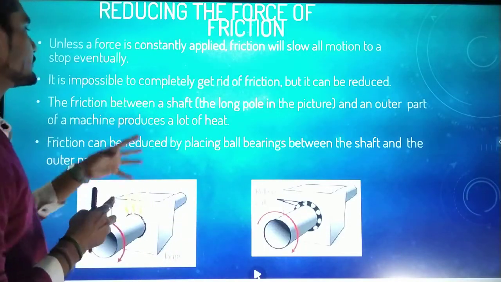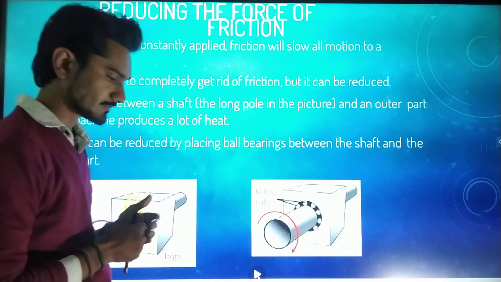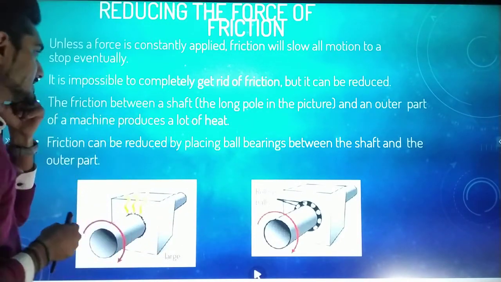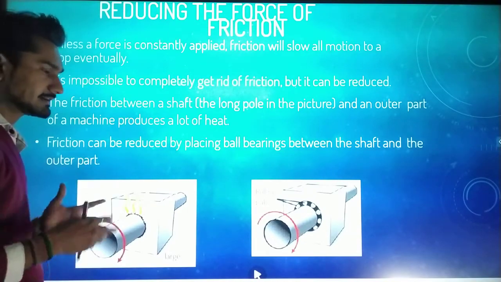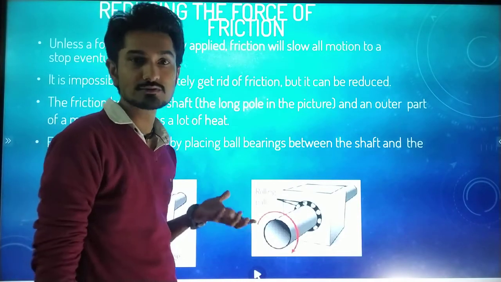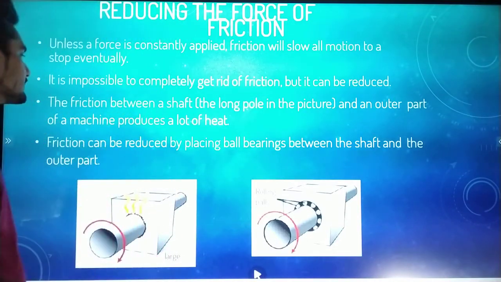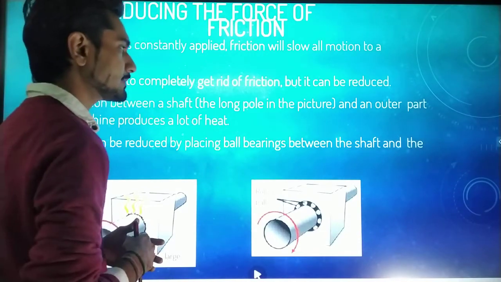Second, it is impossible to completely get rid of friction, but it can be reduced. It is not possible to completely get rid of the friction, but we can reduce it. Third one, the friction between a shaft, the long pipe in the picture.